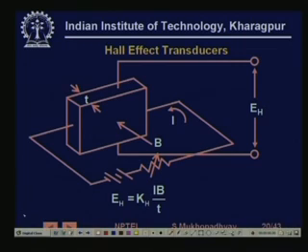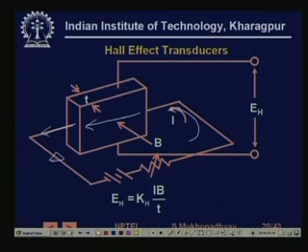What happens in a Hall effect sensor is that this is a piece of semiconductor through which some current I is being circulated, let us say along one axis.